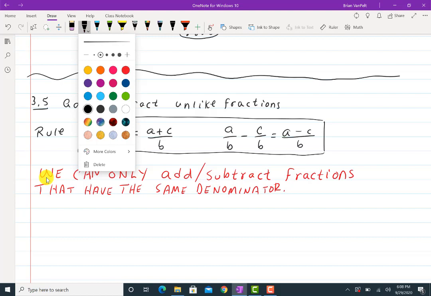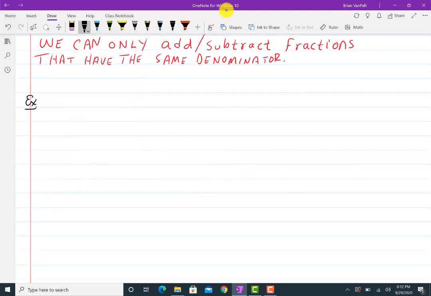So let's start with a simple example. All right, so what I want to do is add 1/3 plus 1/5. As it stands, I can't add these things together because they do not have the same denominator. I plan on making the denominators the same. Remember this trick. If I had a times a number and b times the same number, I could cancel out that x and get a over b.